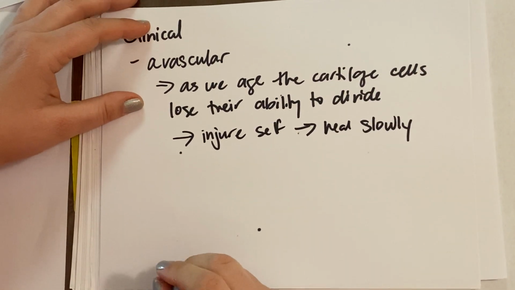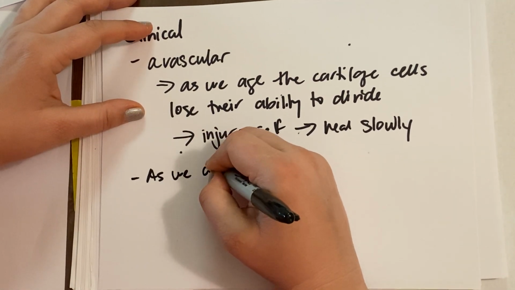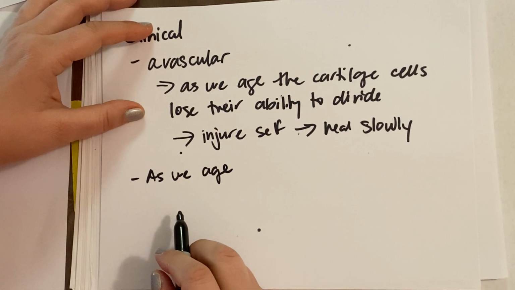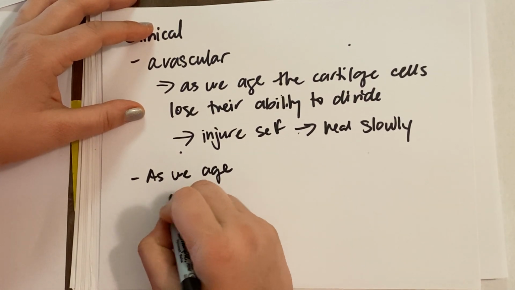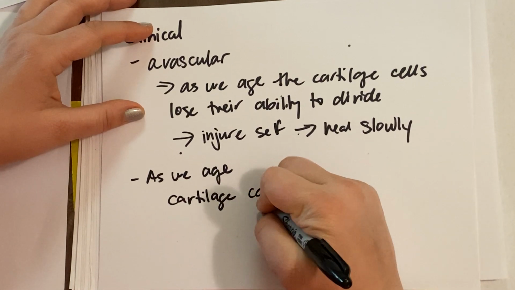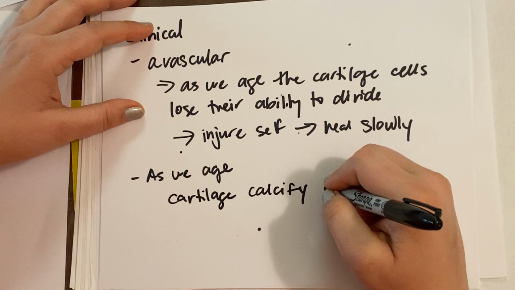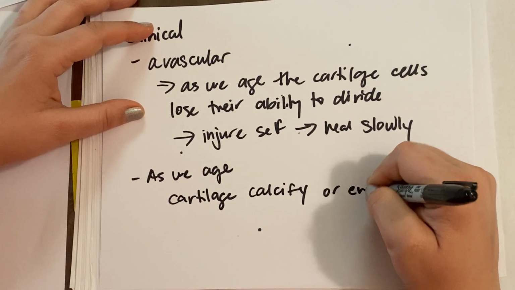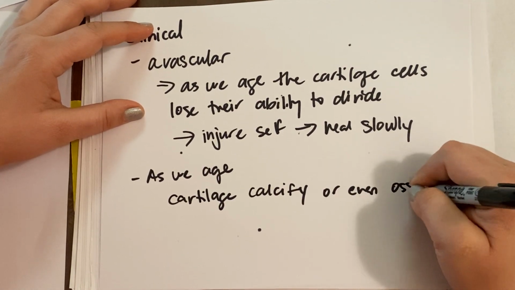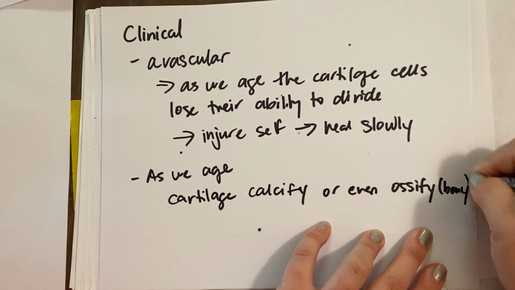Okay, and another thing is as we age, the cartilage is going to tend to calcify, or even turn into bone, which we call ossify, which basically just means bony.